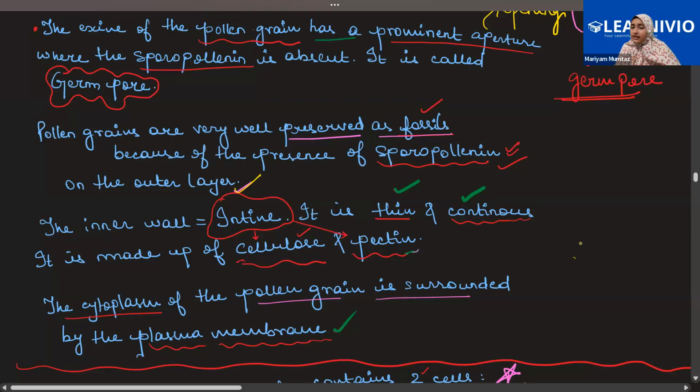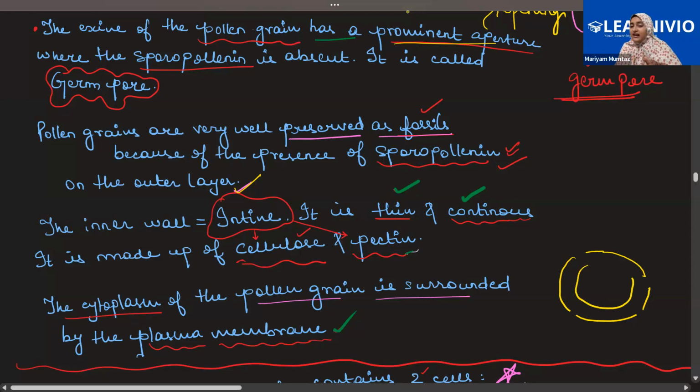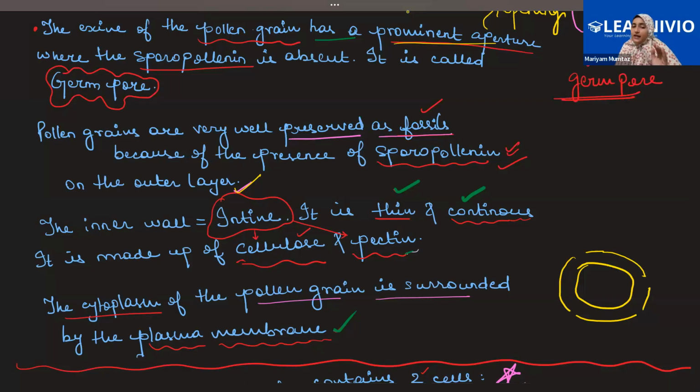But in the exine, there are certain places where sporopollenin is absent, and that is what we call the germ pore, the aperture. That is why we can't say that it is continuous. It is stopping. But when we talk about intine, it is thin and it is continuous. It does not have interruptions anywhere. Intine is made up of cellulose and pectin. Clear?